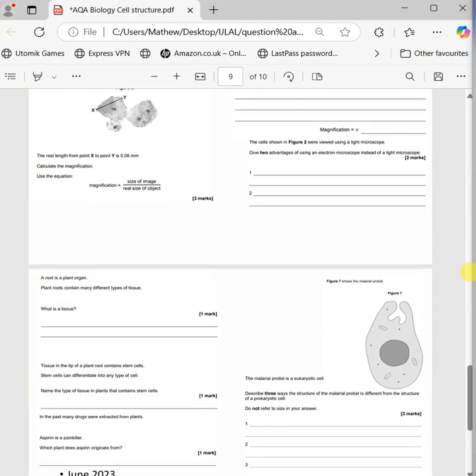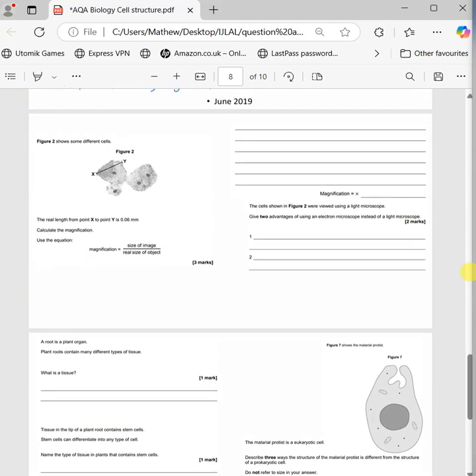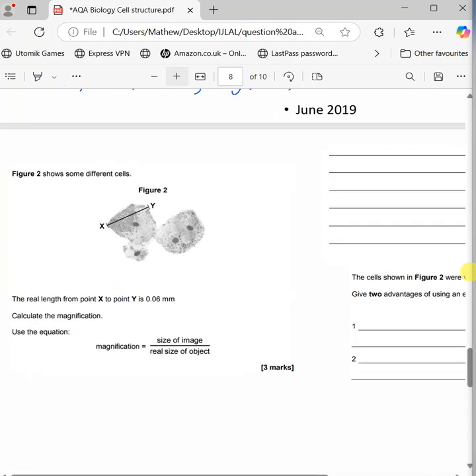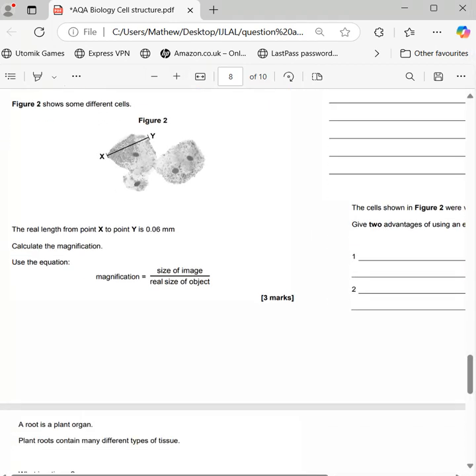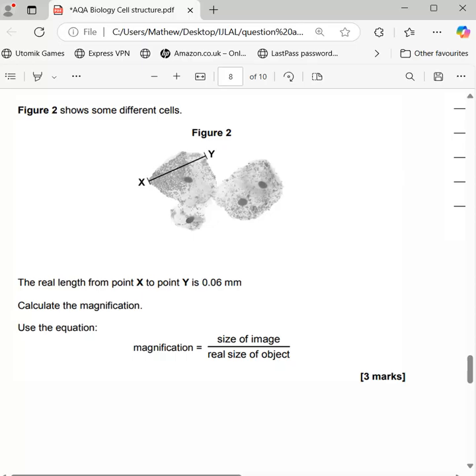I think I have two more slides. So here they said figure 2 shows some different cells, and the real length from X to Y is 0.06 millimeters.